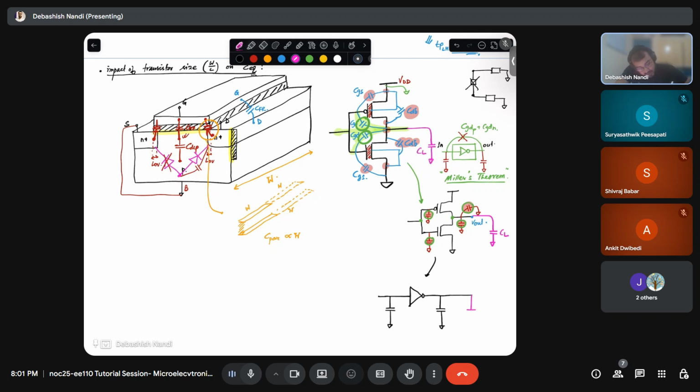So this is CL, and let's say this is CDN, this is CDP, this is CGP, and this is CGN. So this capacitance will be CGN plus CGP. This capacitance will be CDP plus CDN. Is this much okay?